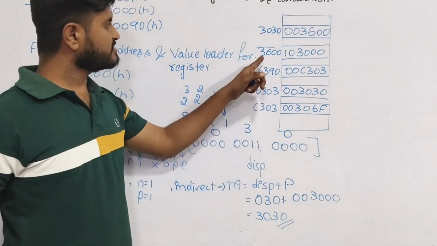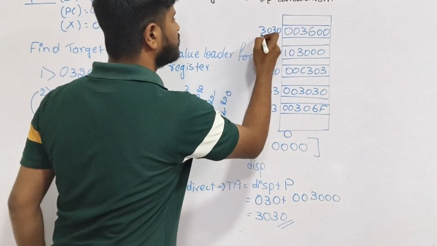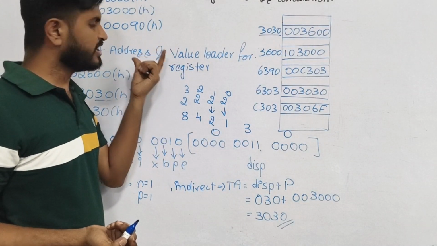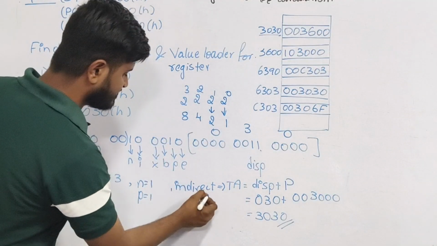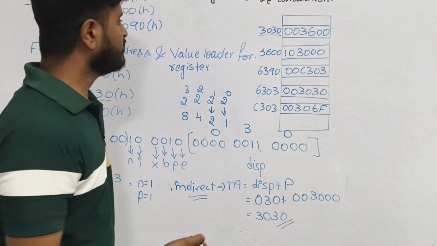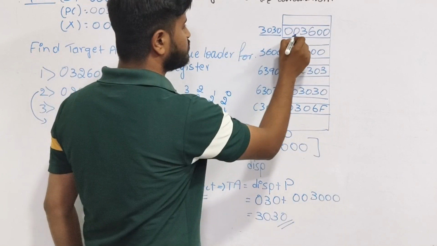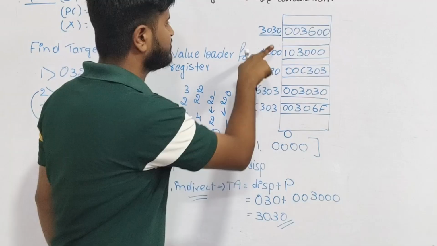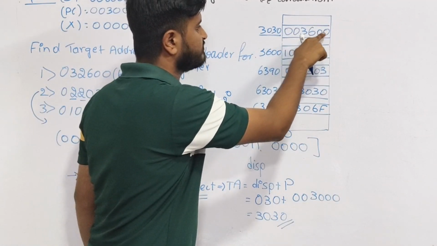Now search for 3030 to find the register value, that is the value loaded into the register. But since it is an indirect addressing mode, you can't write 003600 directly. So what is the value inside? 003600.